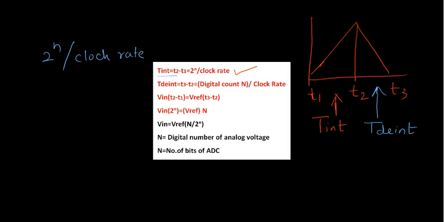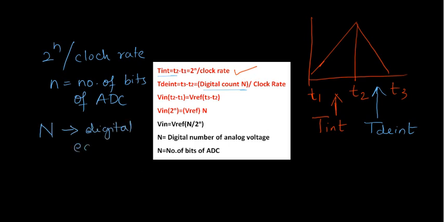TDEINT decides the digital count n, that is the digital equivalent value of the analog input. So TDEINT is T3 minus T2, which equals digital count n divided by clock rate.